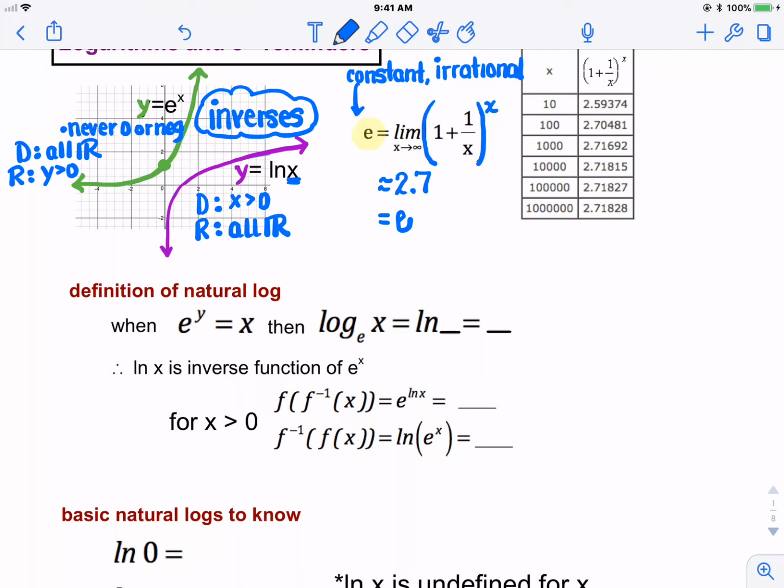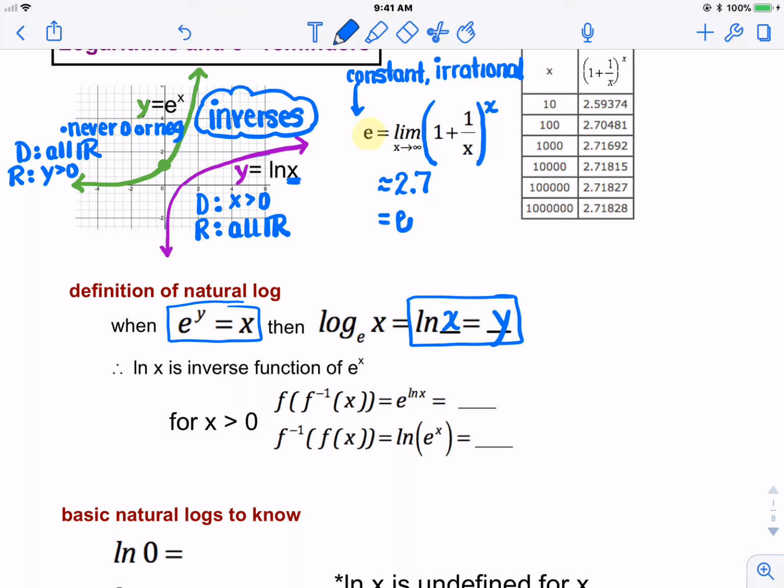If we took the log base e of the left-hand side, we come up with y on one side of our equation, and then the natural log of x on the other side. If e to the y is x, then y is the natural log of x. In other words, those are the same equation.